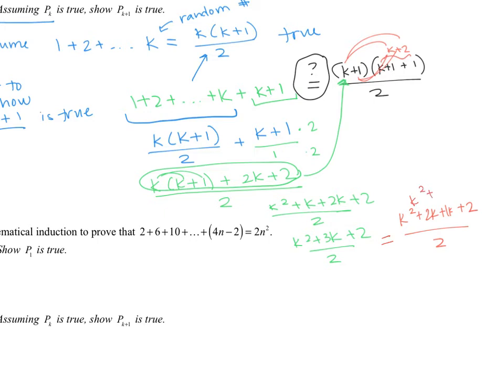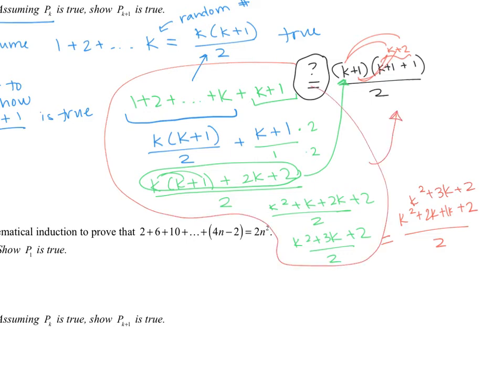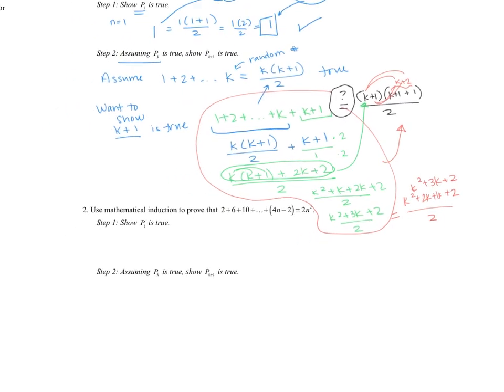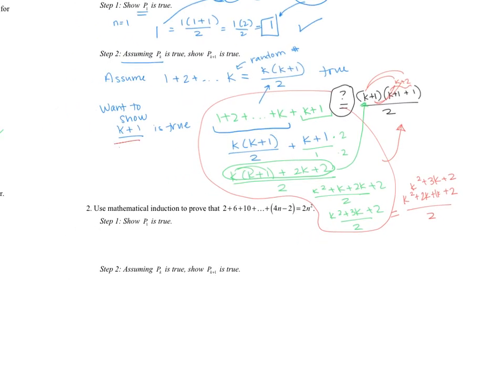This is k squared plus 3k plus 2. So we were able to show that the left side does equal the right side. So we just showed that if we can assume k is true, then we have just showed that the k plus 1 is true.